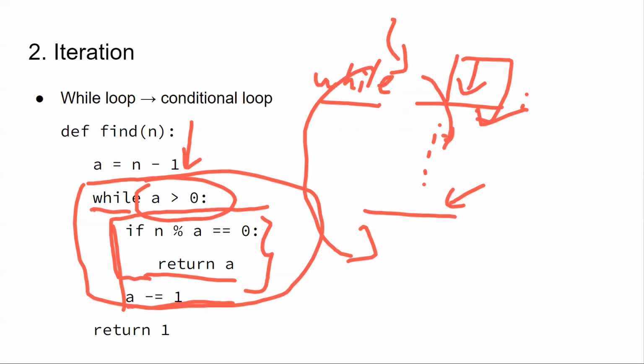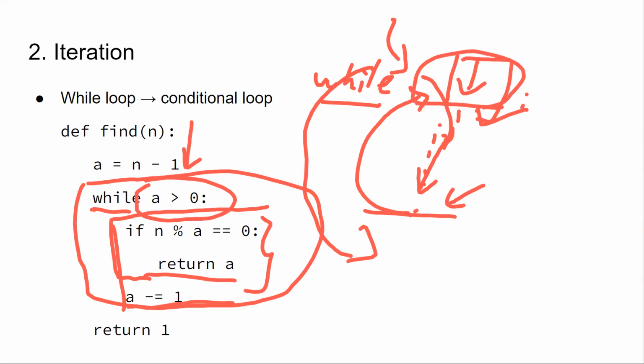If it is satisfied, I will run the body of the loop, and then I will go to the end of the loop, and then I will return to see if maybe the condition has changed. I will compare whether the situation still satisfies the condition shown here.